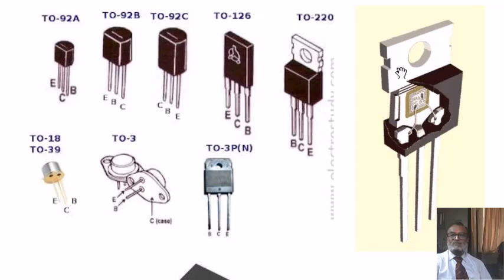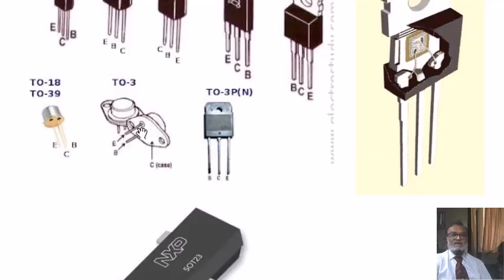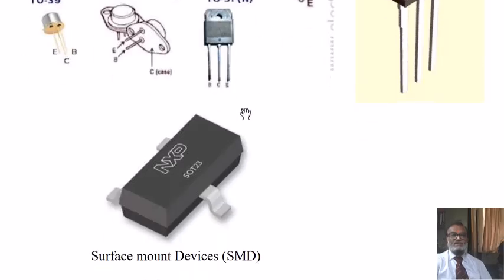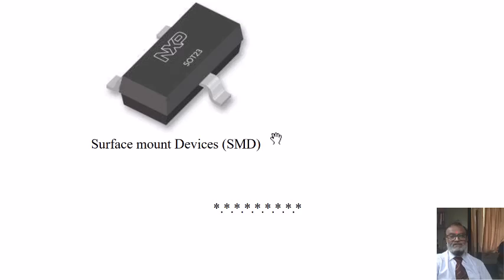Normally it is connected to the collector terminal so that heat removal from the internal transistor chip to the body can be faster. Other packages are also shown. The TO3 package is a metallic package and is a higher power package than even the 220 package. Surface mount device packages, called SMDs, are also shown in the diagram.